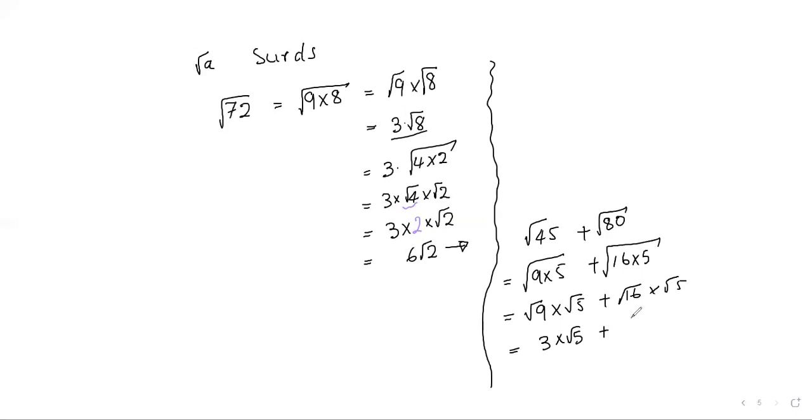The root of 16 is 4. Now you have 3 root of 5 plus 4 root of 5. 3 root of 5 and 4 root of 5 make up 7 root of 5.